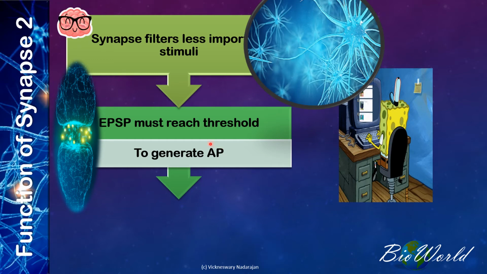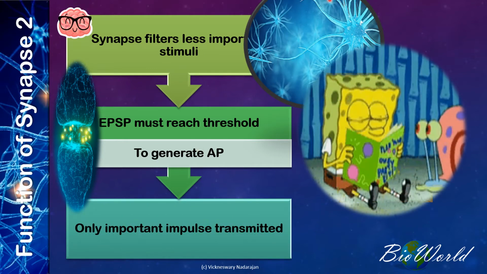Then you will not go to your bed, you will not go to the kitchen, nor will you pick up your handphone. Instead, the nerve that is transmitting impulse about biology is able to accumulate EPSP to reach threshold. So automatically action potential is generated and you continue to focus on your studies. This way, only important impulses get transmitted.